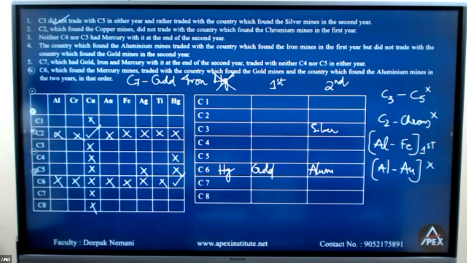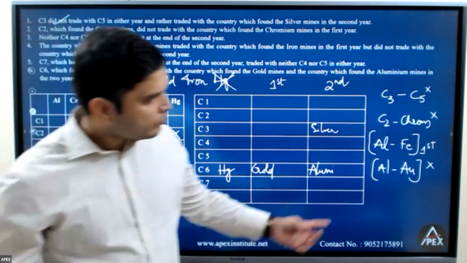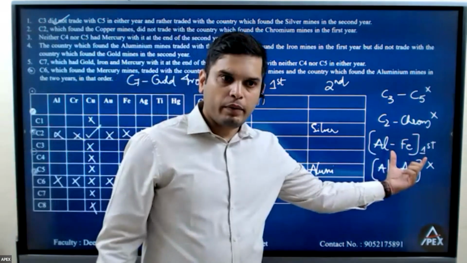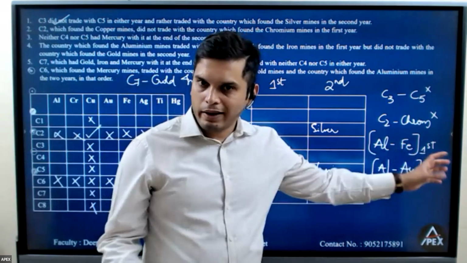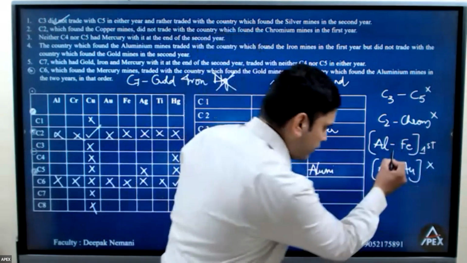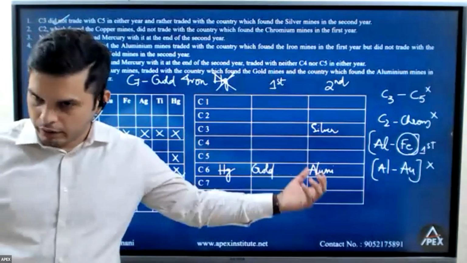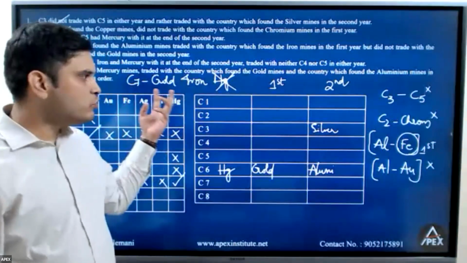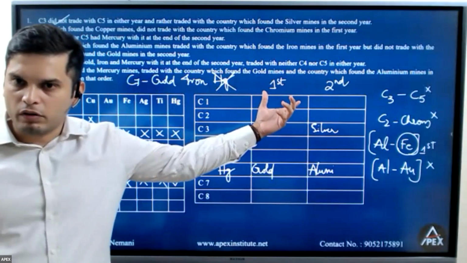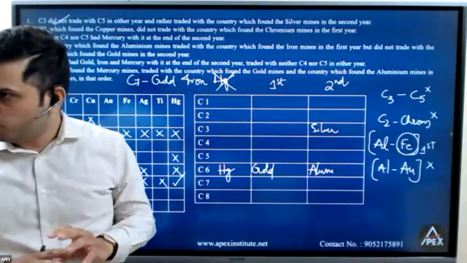Can someone tell me which mine is in country 7? I can say that it's a gold mine. Why not ferrum, why not iron? Aluminium traded with a country which has an iron mine, right. Now if I consider C7 has a mine of iron, then C7 should also have aluminium as one of the metals at the end of 2 years.